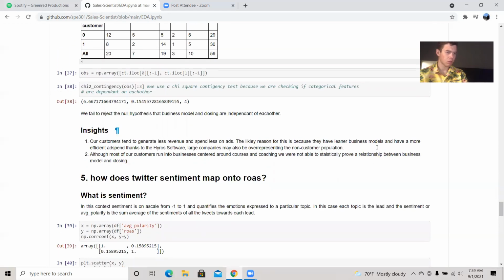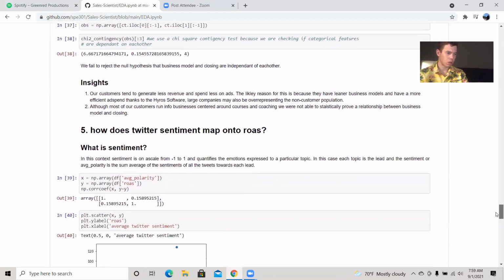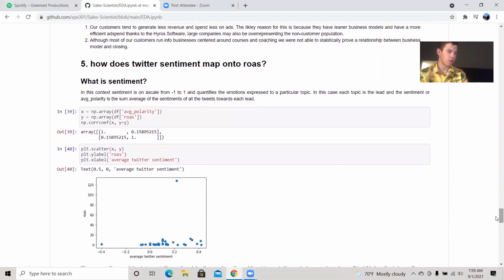So there we go. Then I looked at Twitter sentiment. So the idea here, like I said, this is just my thought process for analyzing this, is that if you have a company that has poor sentiment on Twitter, sentiment is how the public receives your Twitter profile.